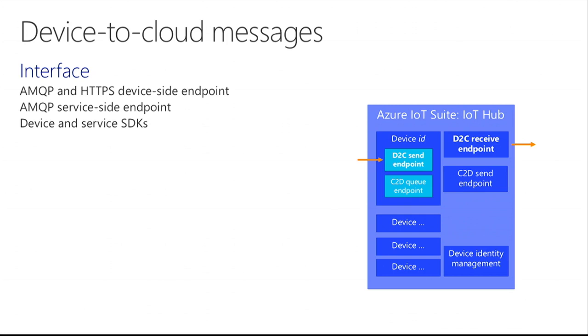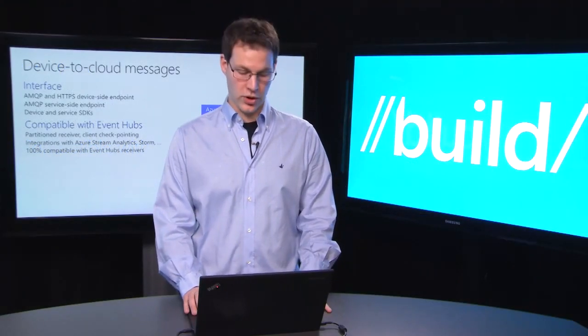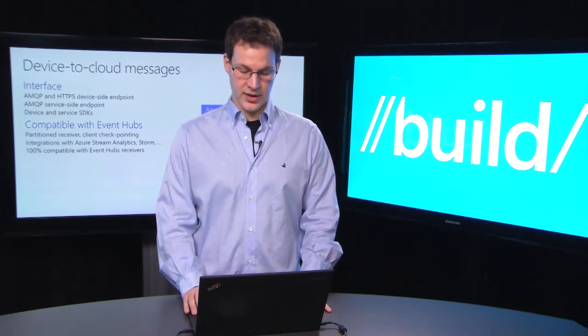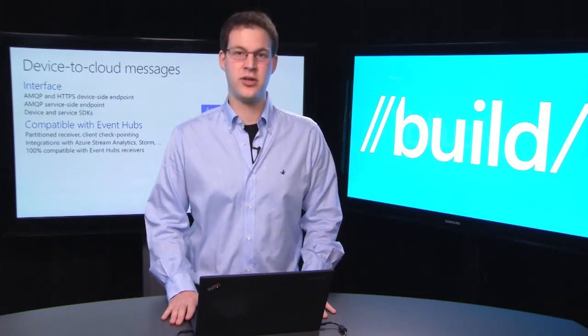These messages are the ones that are used to send the telemetry in the example that we showed. This receive endpoint is completely compatible with Event Hubs, so it does support a partition receiver and client-side checkpointing. All the integrations with Azure Stream Analytics and HDInsight Storm and so on continue to work, and any receiver that you have working with Event Hubs is going to work with IoT Hub as well.